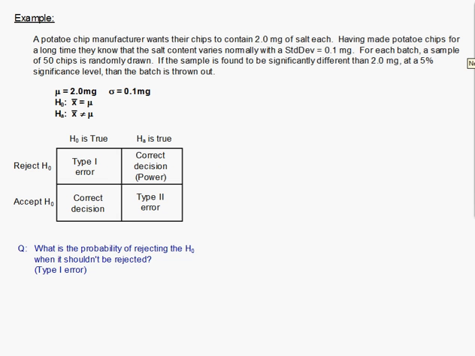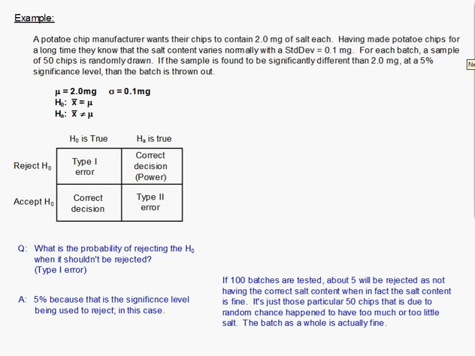So we can ask the question, what's the probability of rejecting a null hypothesis when it shouldn't be rejected? The type 1 error. This one is actually the simpler of the two types, because really it's defined by the significance level. The probability of rejecting when we shouldn't reject is 5% in this case, because we're using a 5% significance level.